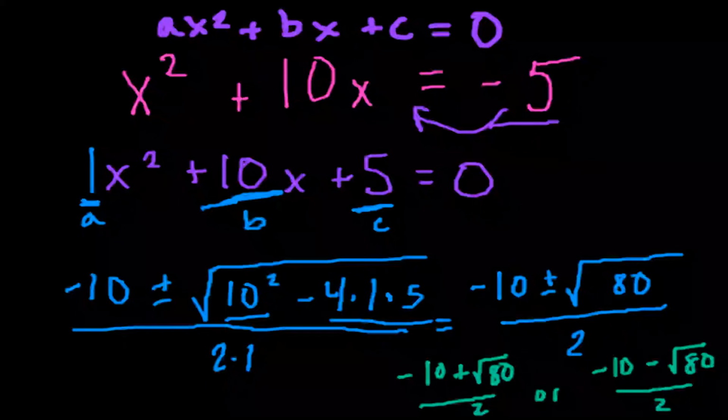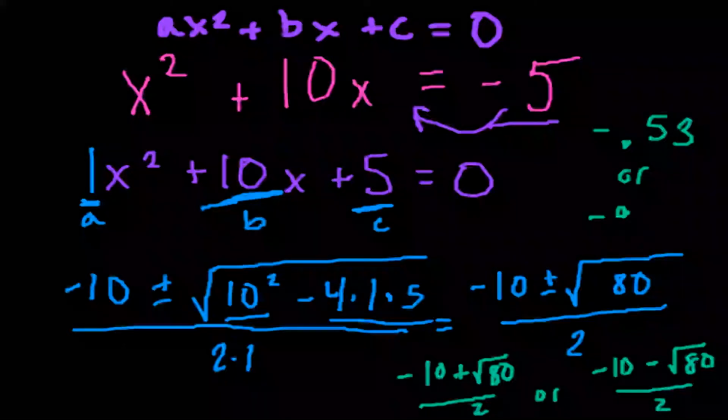The one with plus square root of 80 comes out to be approximately negative 0.53, or the one with minus root 80 comes out to approximately negative 9.47.